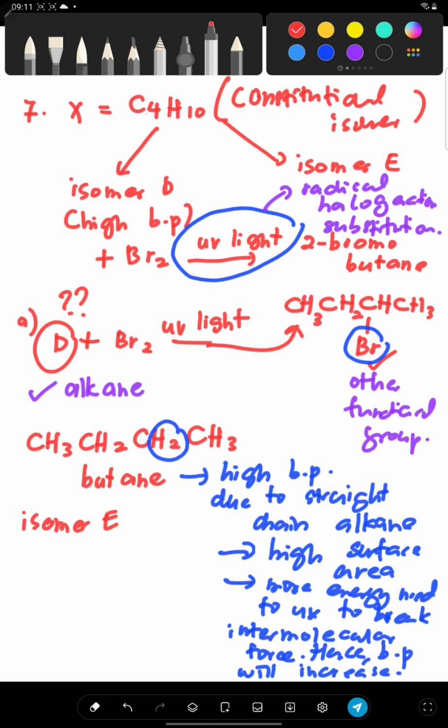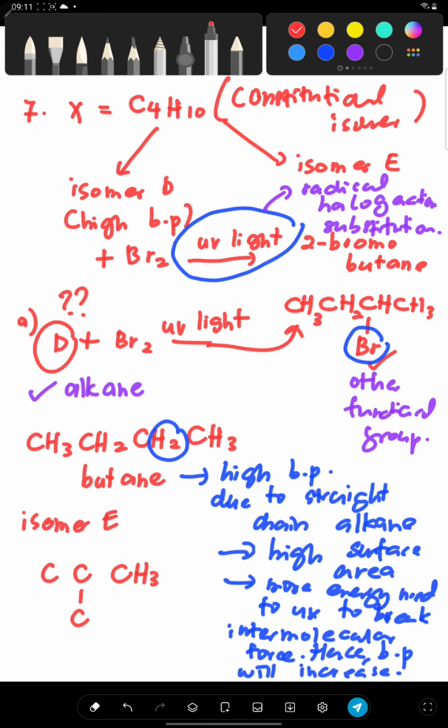So C4, right? So C4 you need to reduce to C3. 1, 2, 3. So where is the other one carbon? You need to make it a branch. So C, and make sure you fill in all the hydrogen here.